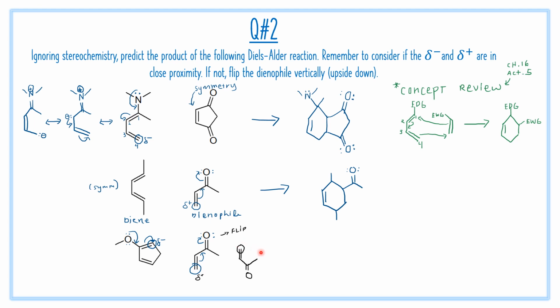And when you flip it, this is what the molecule is going to look like. This carbon is now going to be right next to the diene carbon with the most electron density. So here and here, now they're next to each other, it's ready to go.